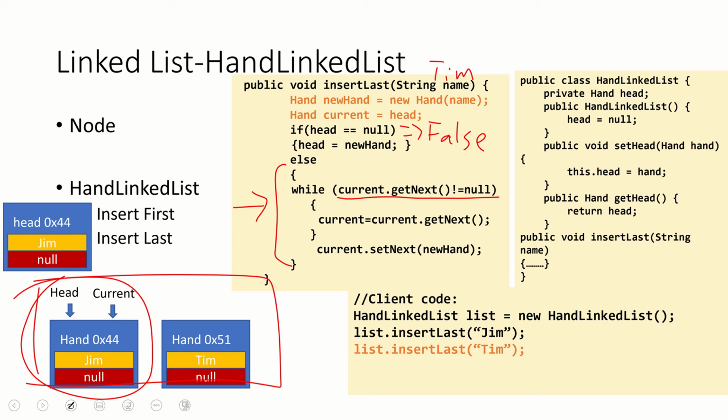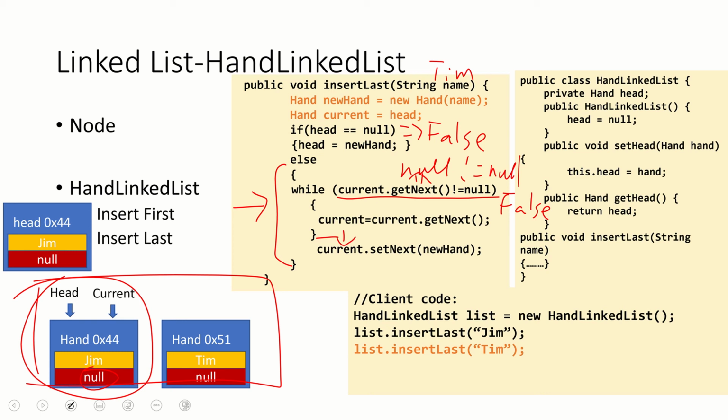The next hand is none, so this get next will return null. So none is not equal to none, this returns false. In a while statement, if the condition is false, we directly jump out of the loop and go to the next statement.